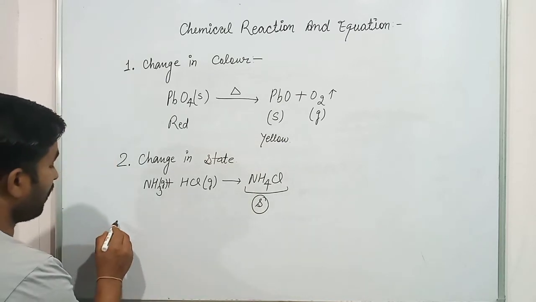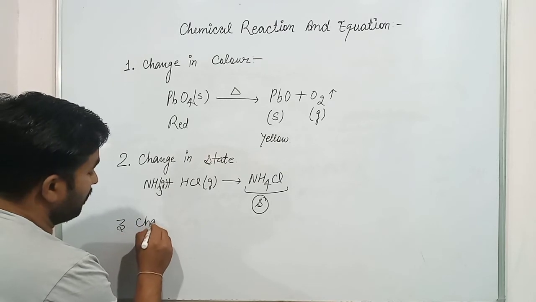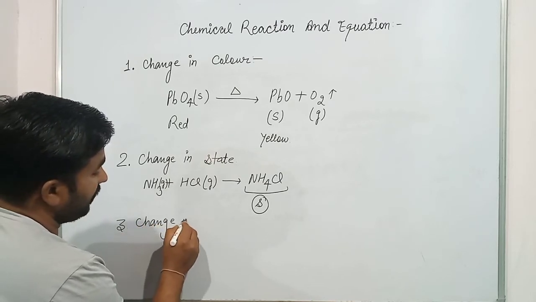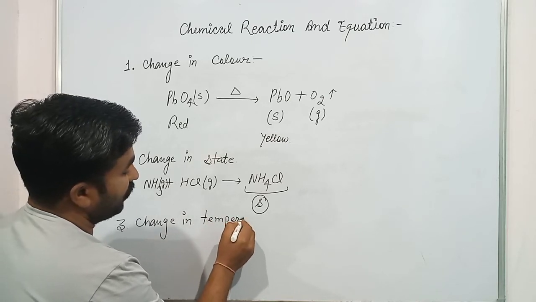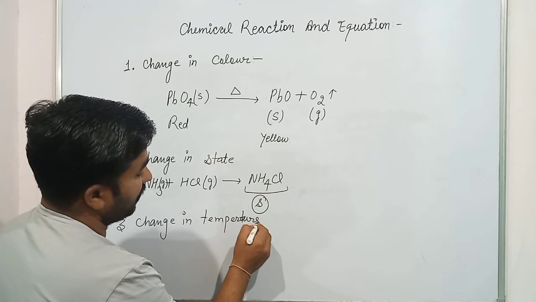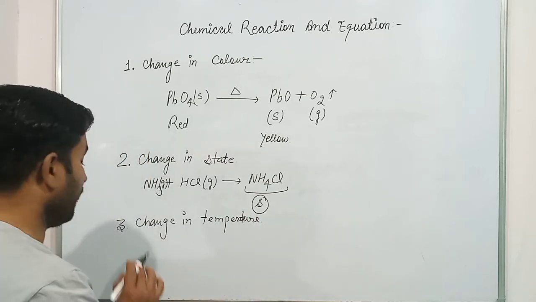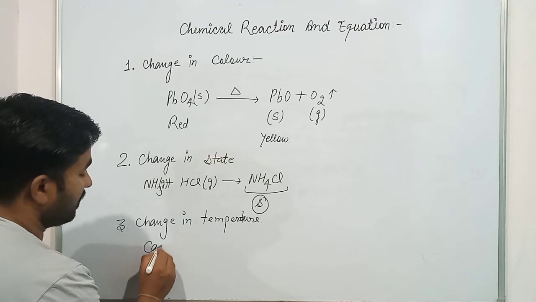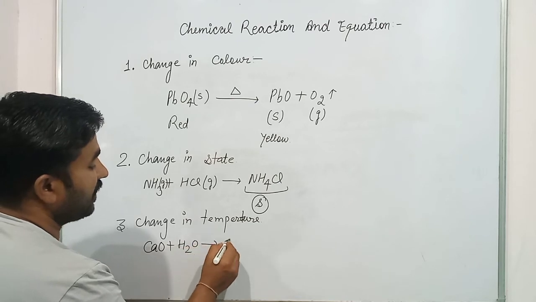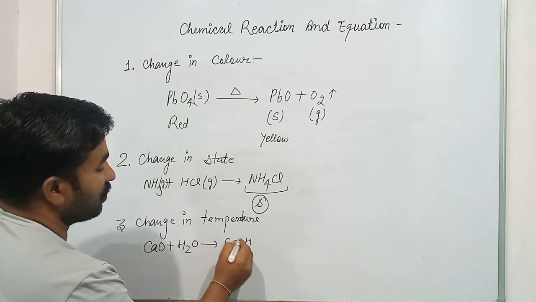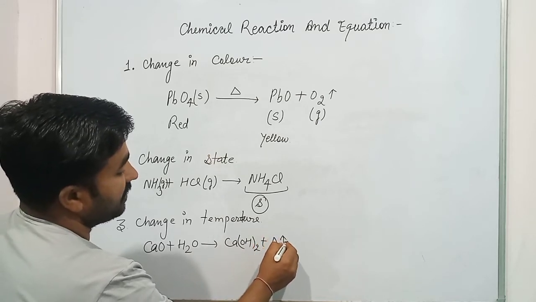Now we are talking about the third change, and that is change in temperature during the chemical reaction. In some chemical reactions, change in temperature also occurs. For example, we have calcium oxide. If we pour some water on it, then it converts into calcium hydroxide, and a lot of heat will be released here.